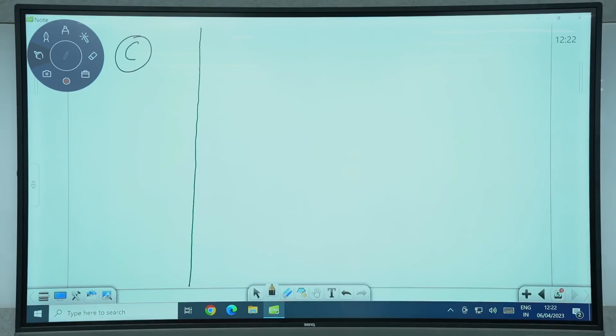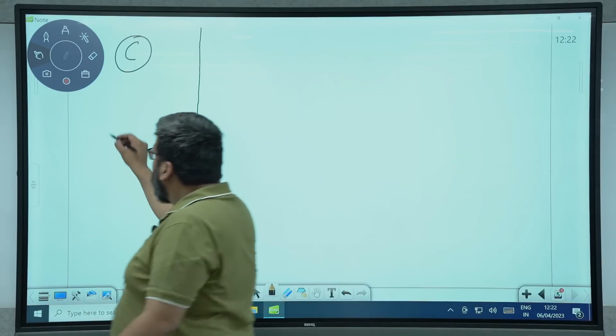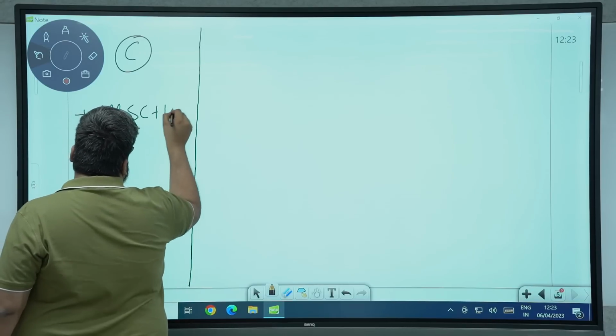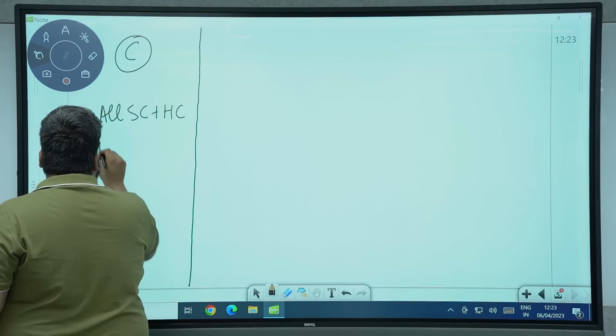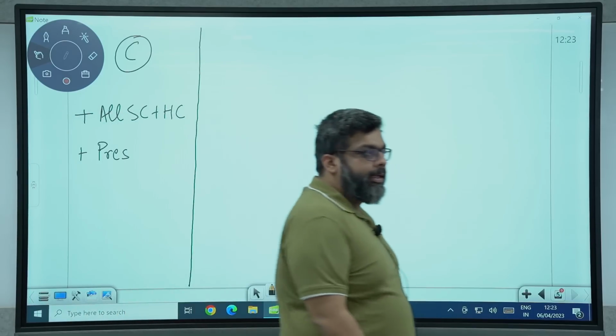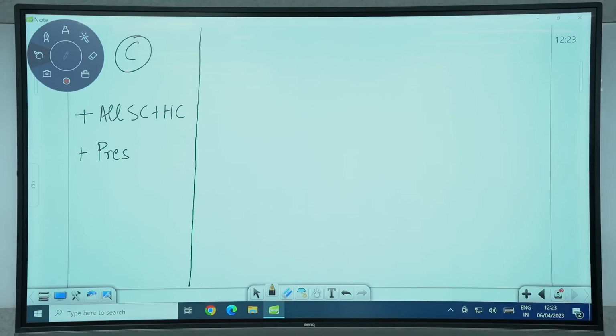Because प्री में आता है according to the constitution. According to the constitution, all Supreme Court and High Court judges are appointed by the president. ये सही है? पक्का? Understand this is very important.